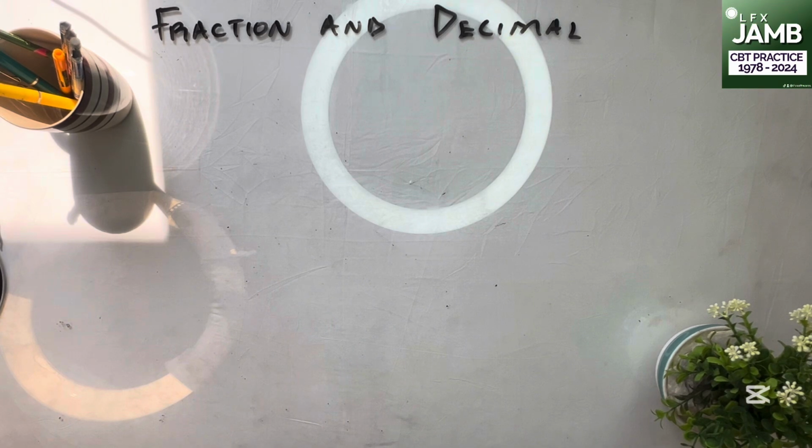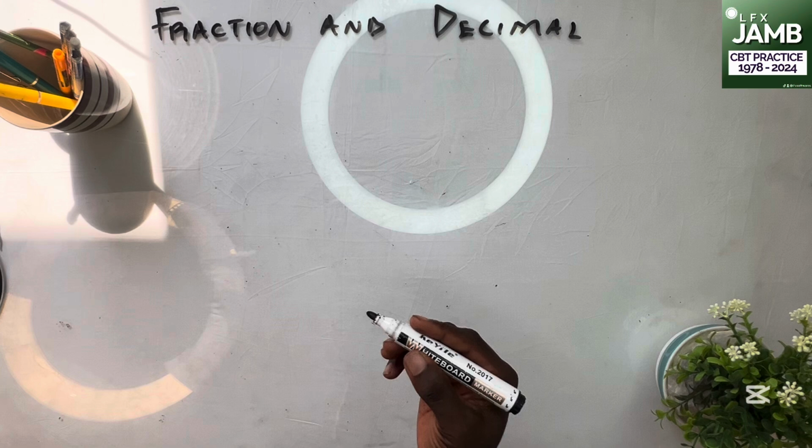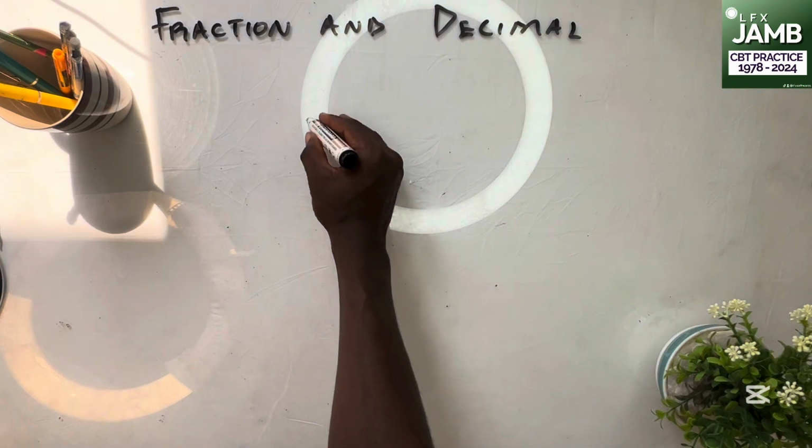Today we'll be dealing with fractions and decimals. Now, what's a fraction? A fraction is a representation of integers, whereby integers will be arranged in this form.